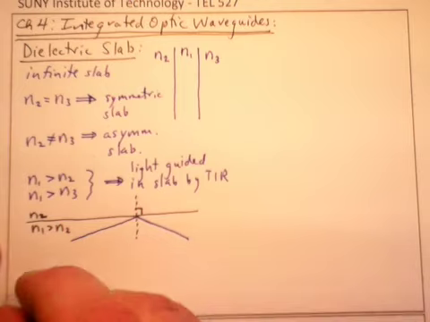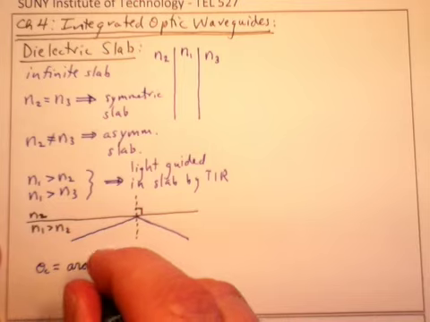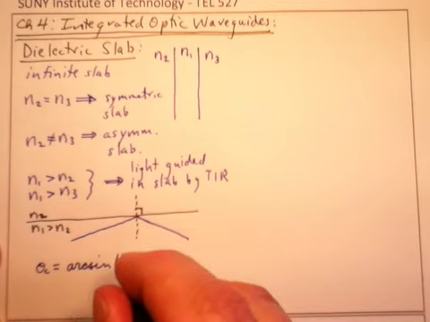So theta critical in this case is the arc sine of N2 over N1.